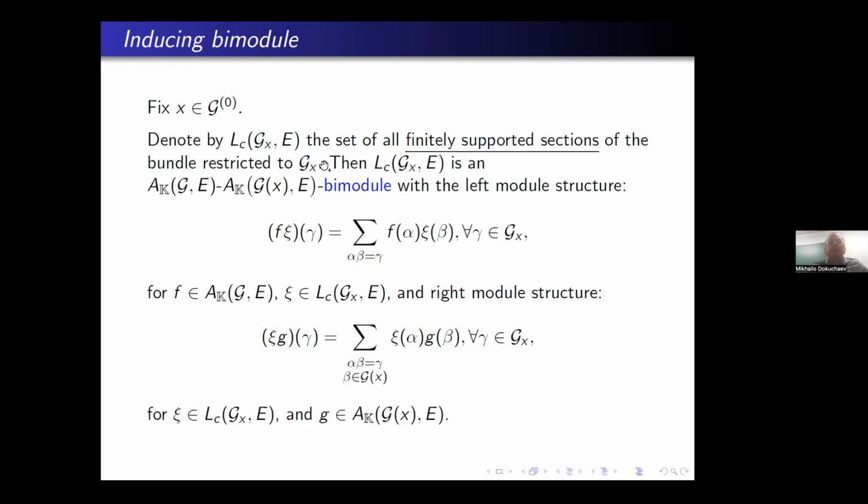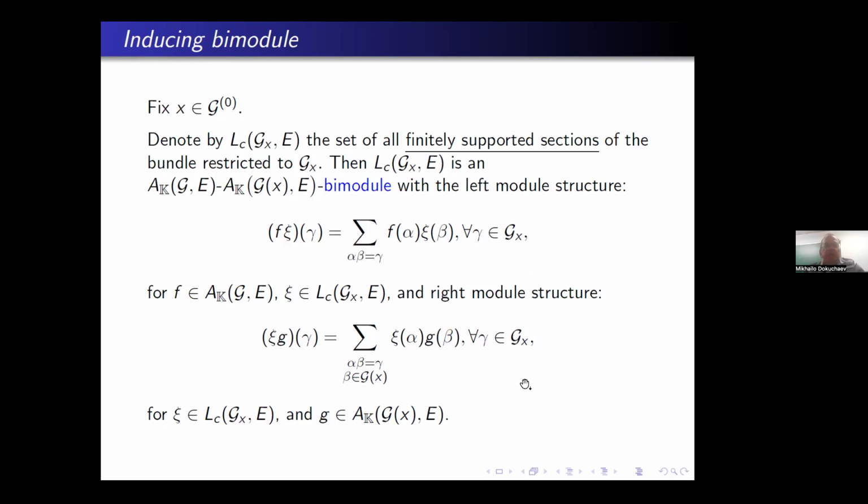So we transform this into a bimodule. It's a left module of the Steinberg algebra and a right module of the twisted group algebra, with the following actions. The actions are given by convolution. It's simply the convolution formula, for the left action and also for the right action.